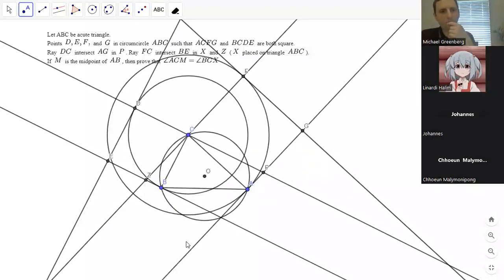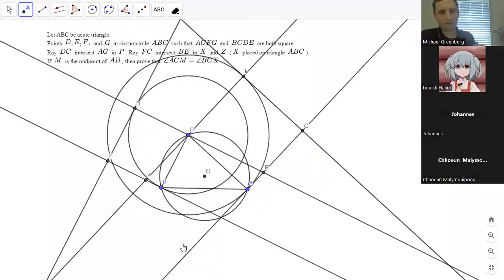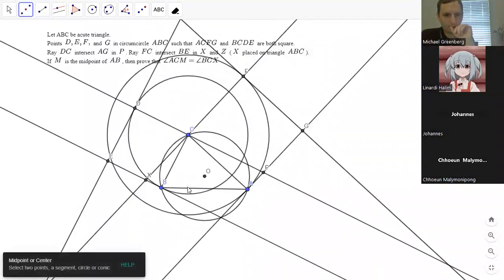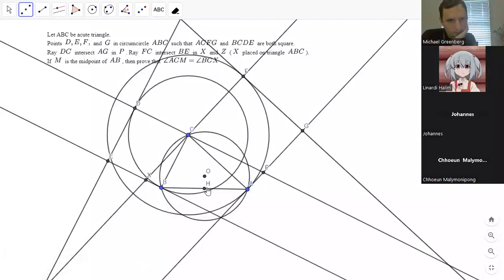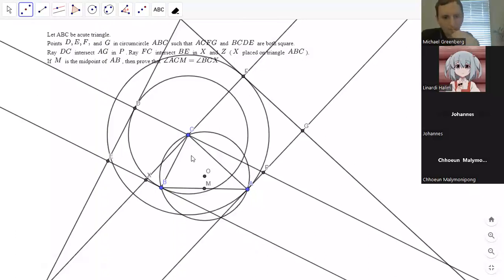I'm not sure what Z is, but I'll just call it X. If M is the midpoint of AB, then we want to show that angle ACM equals BCX.